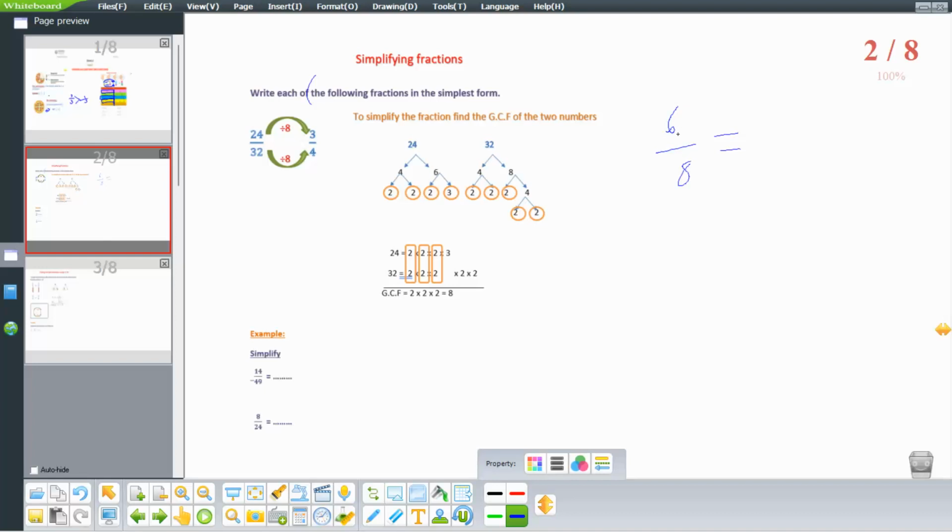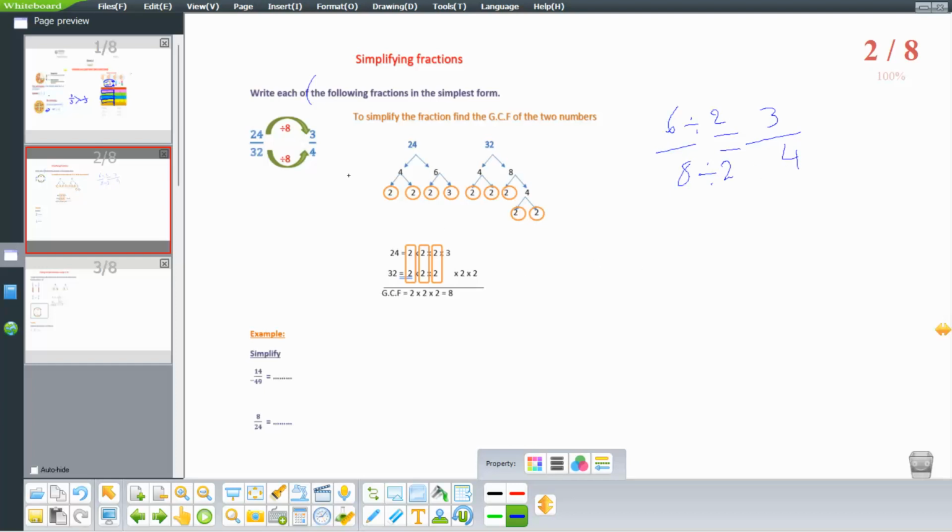Yes, in table 2. So we can divide by 2, and if I divide the numerator by a number, the denominator must be divided by the same number. 6 divided by 2 equals 3, and 8 divided by 2 equals 4.